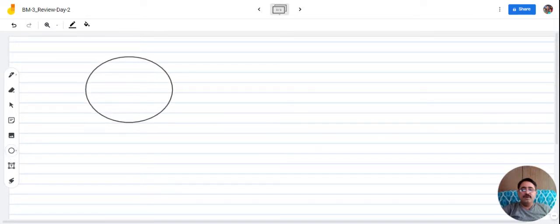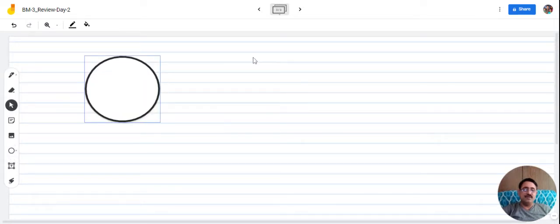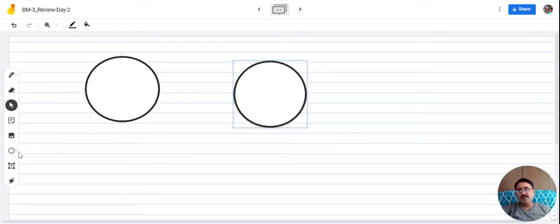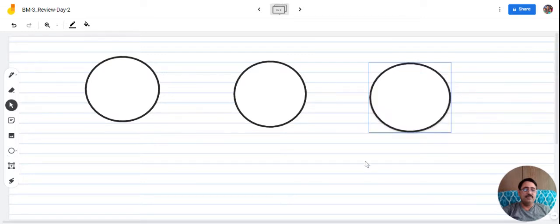Next rule is when a circle is given. I'm going to discuss three scenarios. When the circle is given and two secants are drawn. What do secants mean?